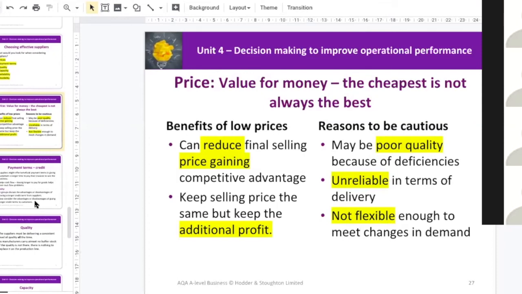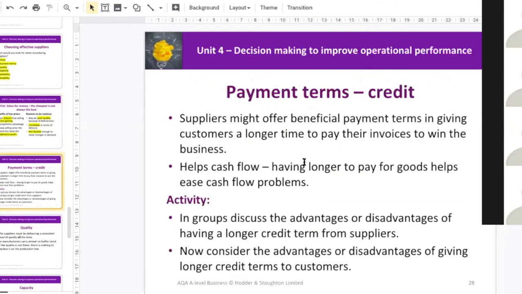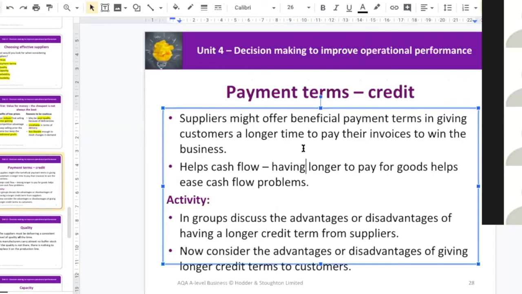Okay, payment terms. Let me just highlight a few. One thing you have to remember, some suppliers do not offer any payment terms.